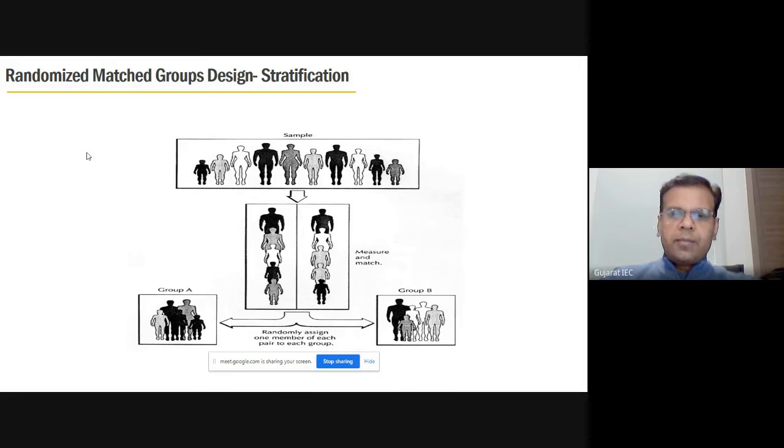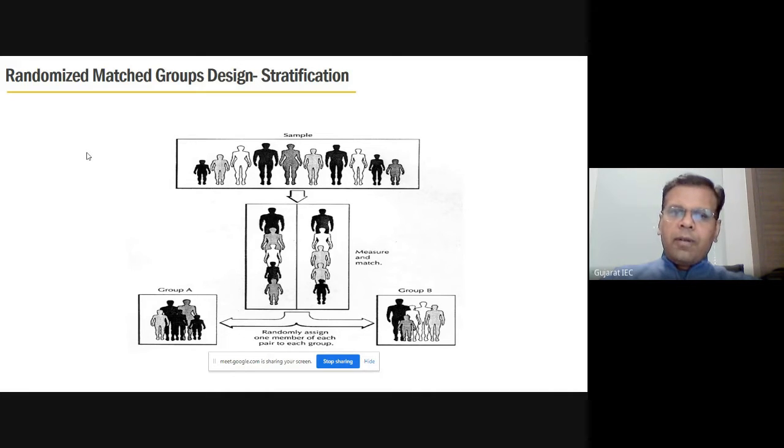Randomization is a process by which we randomly allocate them to either treatment arm, either group A or group B. But we'd also like to stratify them. As you can see in the picture, there is a similar mix of people in both the groups. This is possible only with stratification.